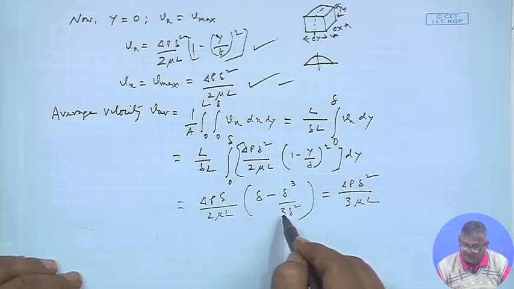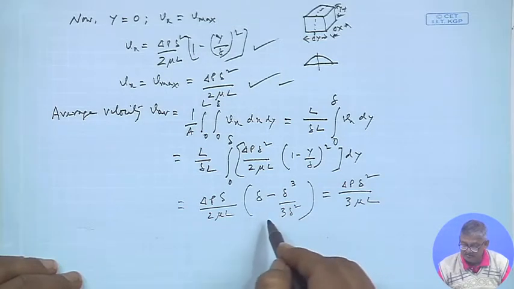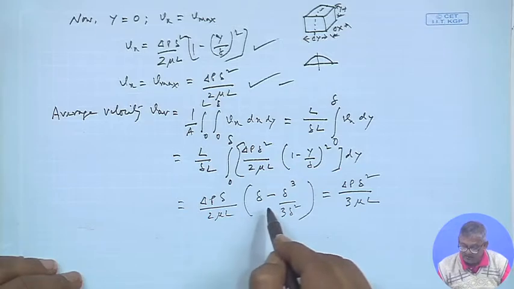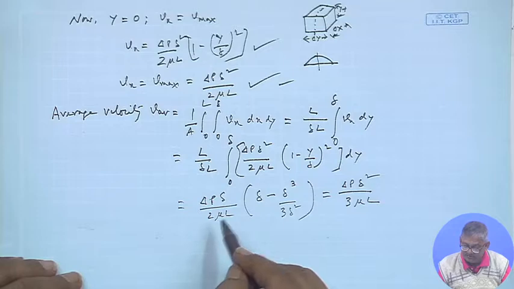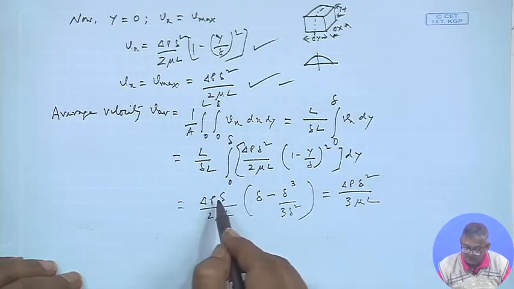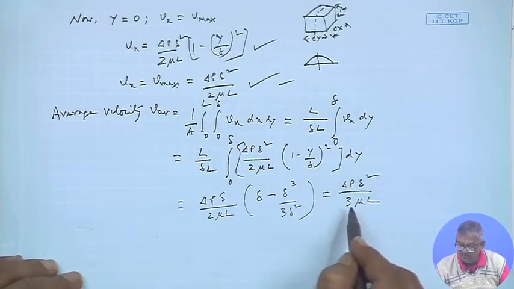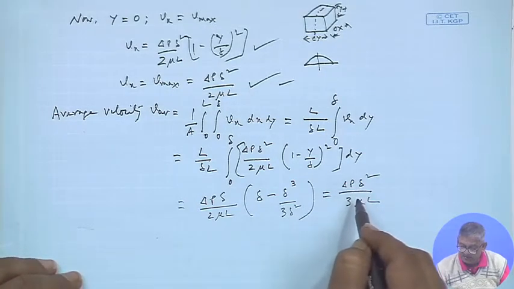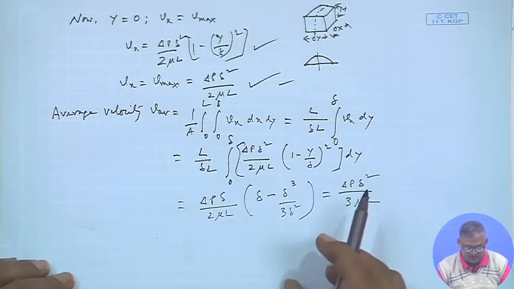So 3 del minus del, that is 2 del by 3, right, 2 del, this 2 and this 2 go out, this del becomes del square and this 3 remains, right. So this is delta p del square by 3 mu L, right.